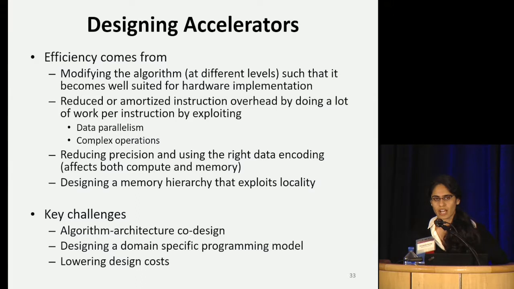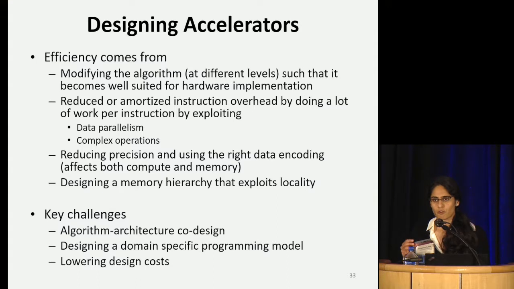Normally when you have a processor, you have to issue an instruction for an add, for a multiply, for a load, and so on and so forth. If you have an accelerator, for example for video decoding, you basically have one instruction, which is called decode the next frame. And decode the next frame does a truckload of work.